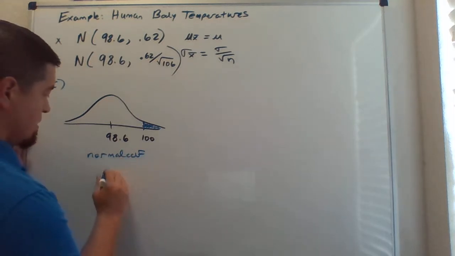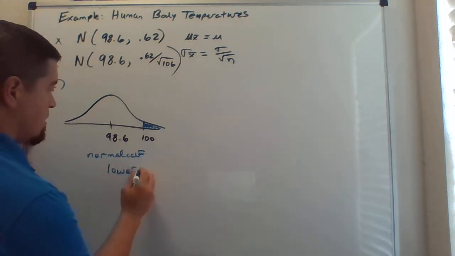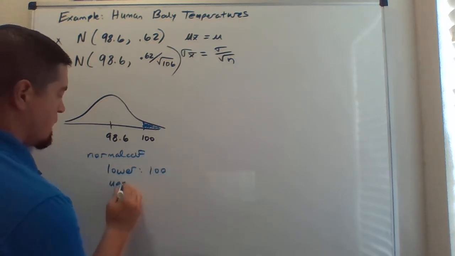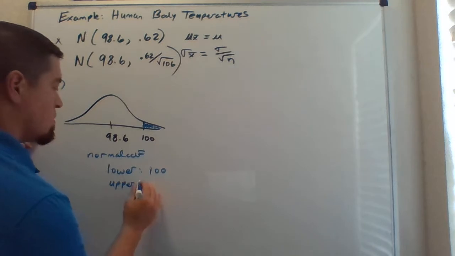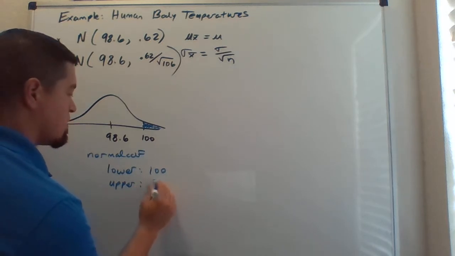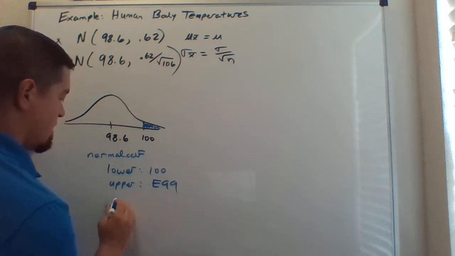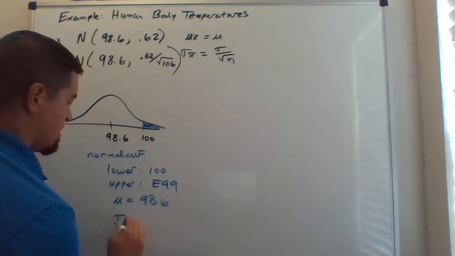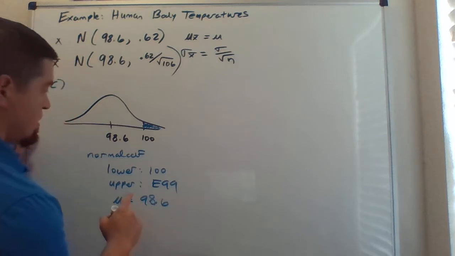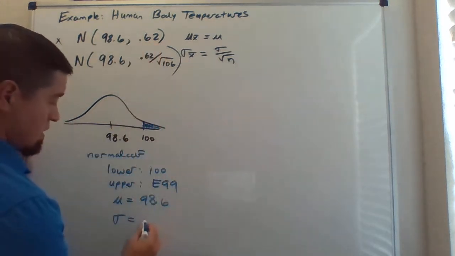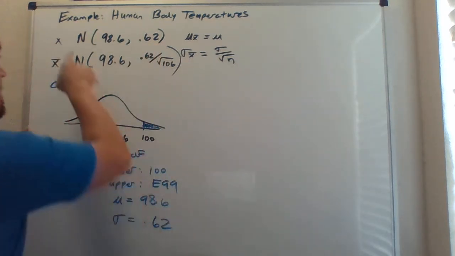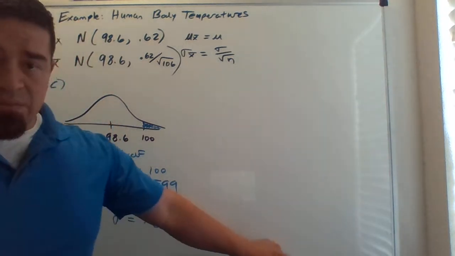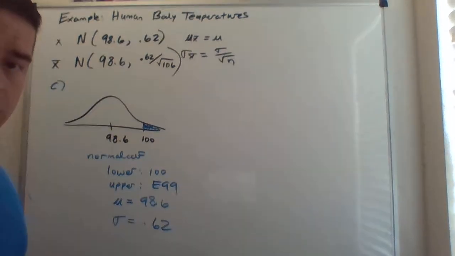Lower is 100. This time upper, the area extends to infinity. So E to the 99. The mean is 98.6, and the standard deviation, since it's an individual, I'm using original population 0.62. Input into the calculator and we have an answer, and that's all there is.